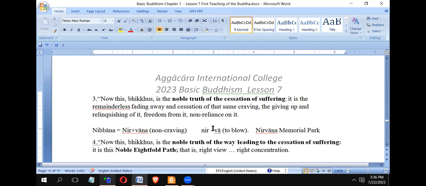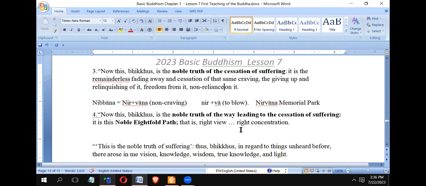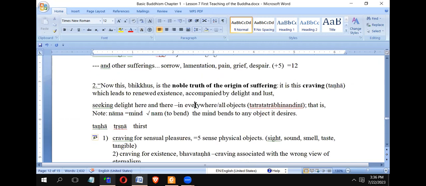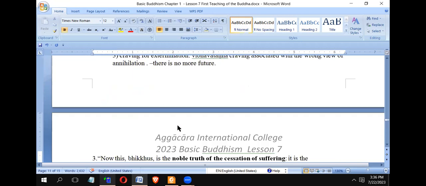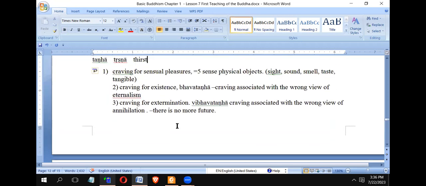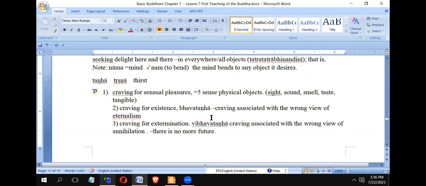Okay, Nirvana, non-craving. Nivana means to blow out. So it's easy. Nibbana means non-craving. And what kind of non-craving? It's already mentioned: craving for sensual pleasure, craving for existence, and craving for extermination. Getting out of this, even bhava and vibhava, totally means out of the 31 planes, because there is no more rebirth.